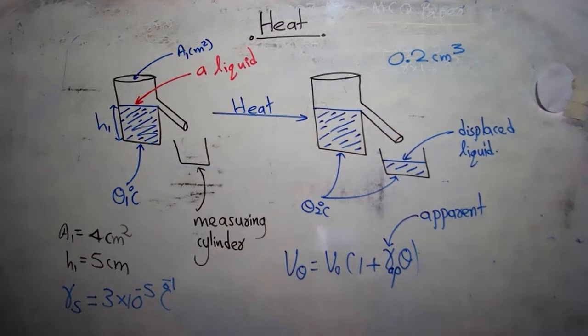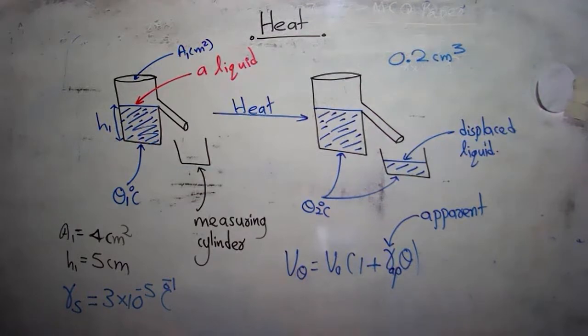The cross-section area of the vessel is 4 centimeters squared. The initial height of the vessel is 5 centimeter. Calculate the apparent volume expansivity of the liquid. If the volume expansivity of the material of the solid vessel is 3 into 10 to the power minus 5 degrees Celsius minus 1, calculate the real coefficient volume expansivity of the liquid.